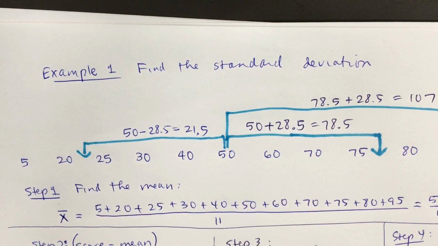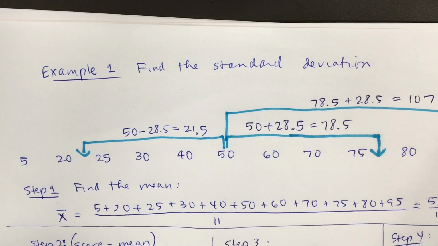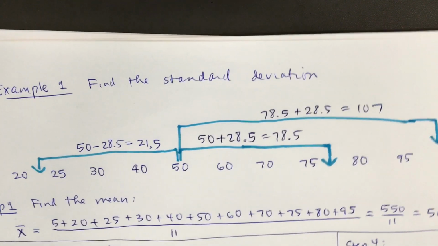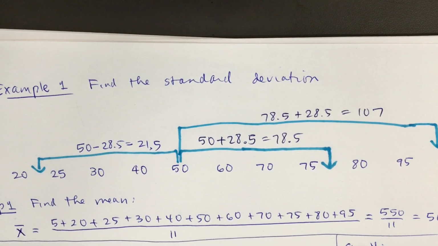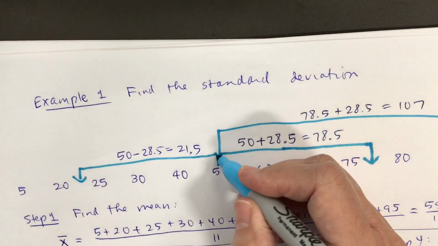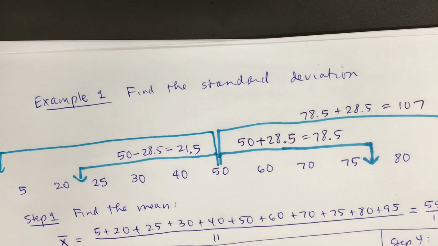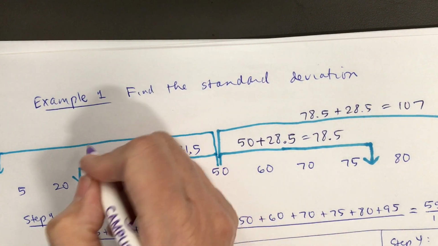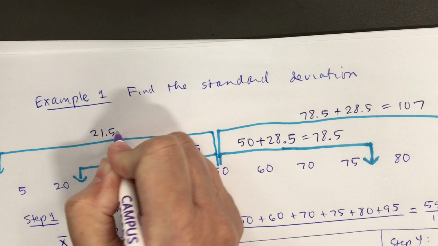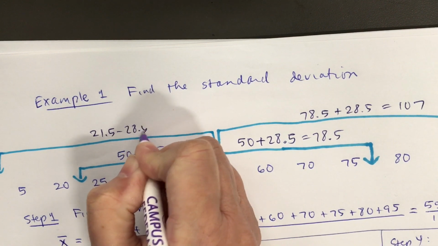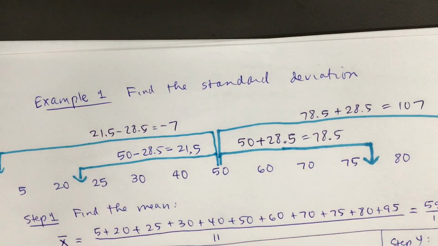Now that puts me higher than my highest data point. And if I subtract again, that's going to put me lower than my lowest data point. 21.5 minus 28.5 is going to give me -7.